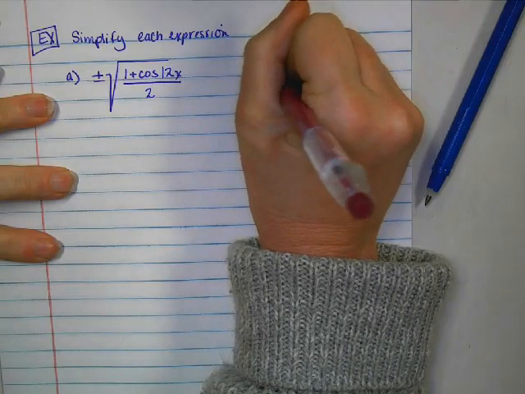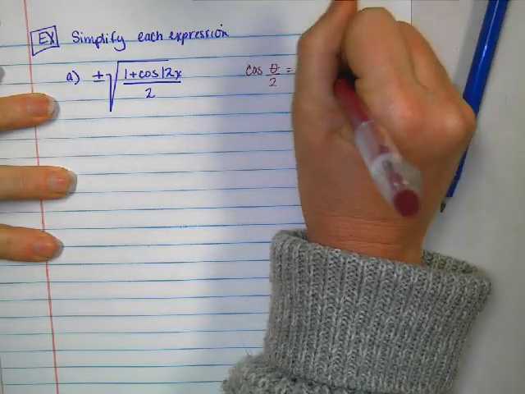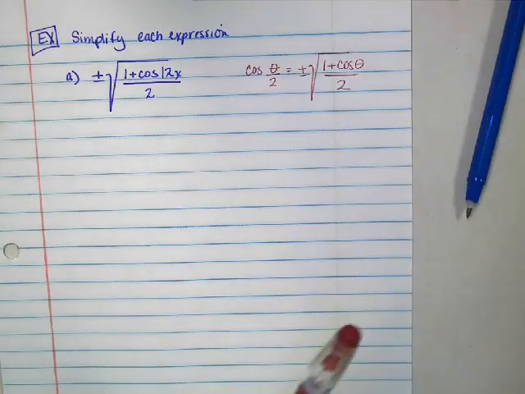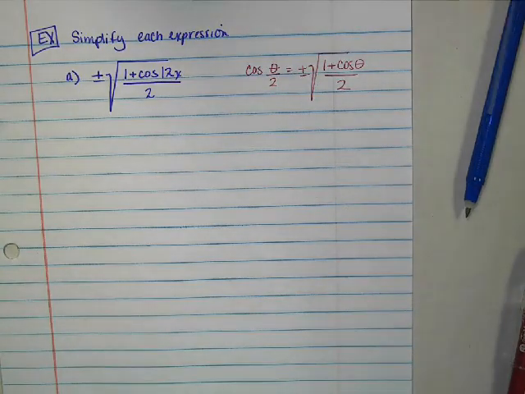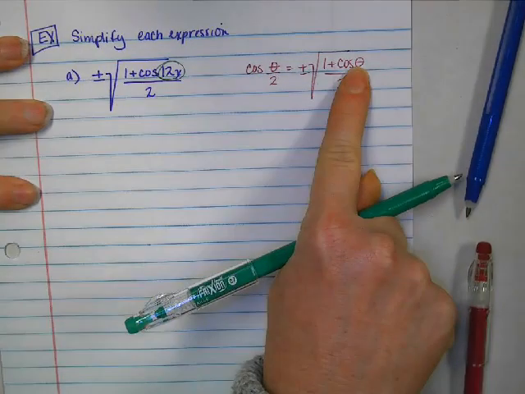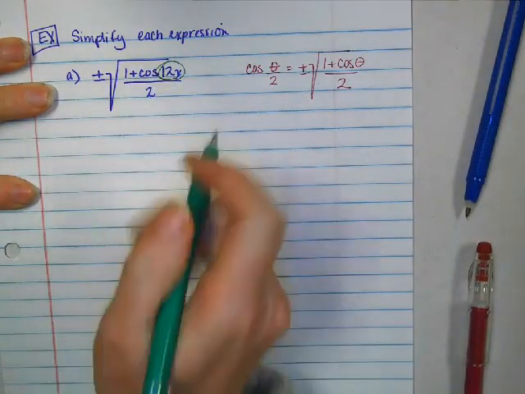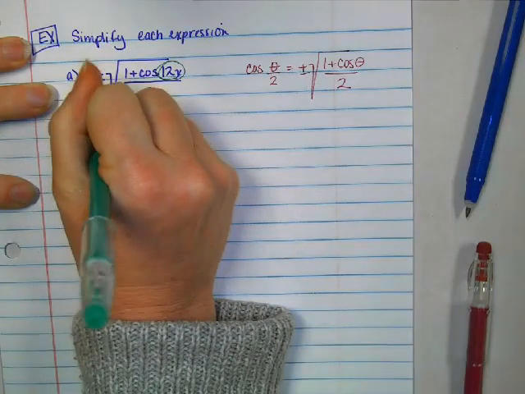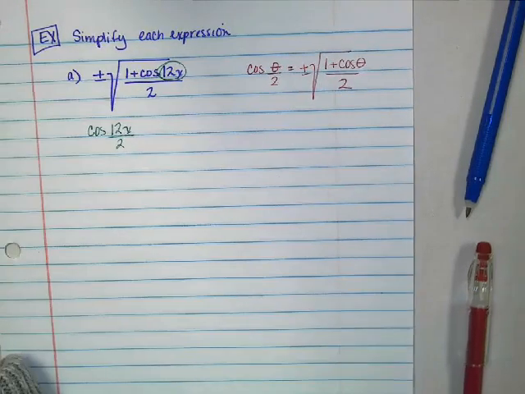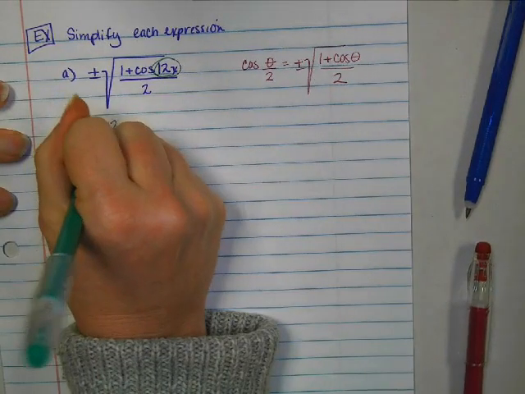Cosine half angle equals positive or negative square root of 1 plus cosine theta over 2. So if that's the case, then this piece is like theta. Which means that all of this actually just equals cosine 12x divided by 2, which you can simplify to cosine 6x.